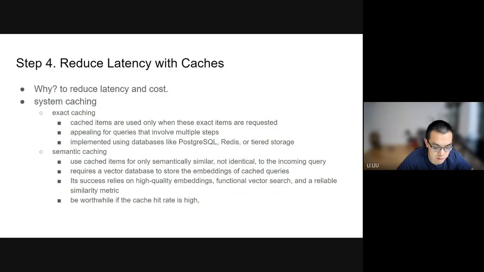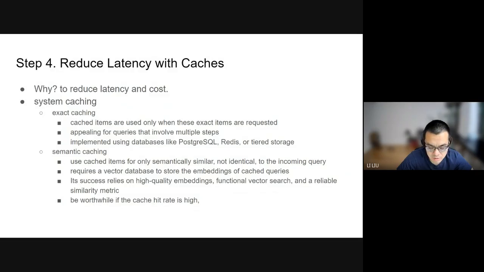The first method is exact cache. Essentially, if the same or another user asks the exact same question, and the answer to that question has already been generated before and saved in the cache, then we will retrieve it from the cache and serve it directly.